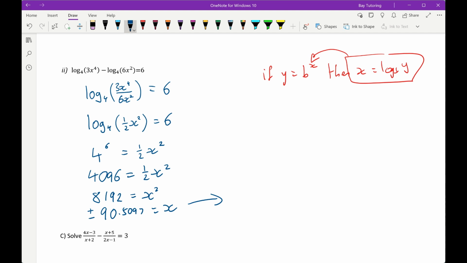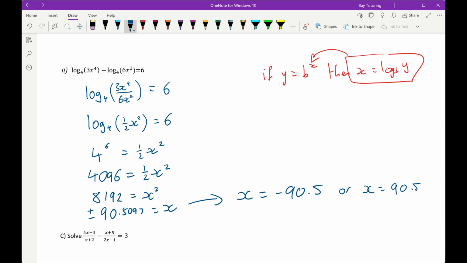Well, it would, because on the x's, we've got even powers, 2 and 4. So those would always be positive, because anything to the power of 2 or 4 will always come out positive, whether it's positive or negative. So x equals, we'll just round that to 90.5, either negative 90.5 or x equals positive 90.5.